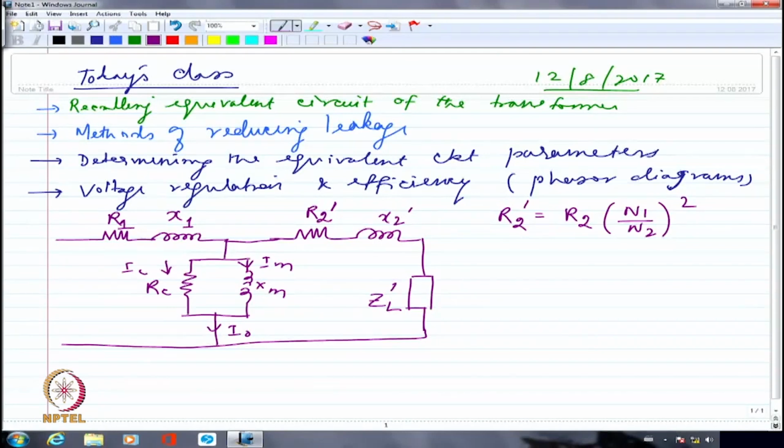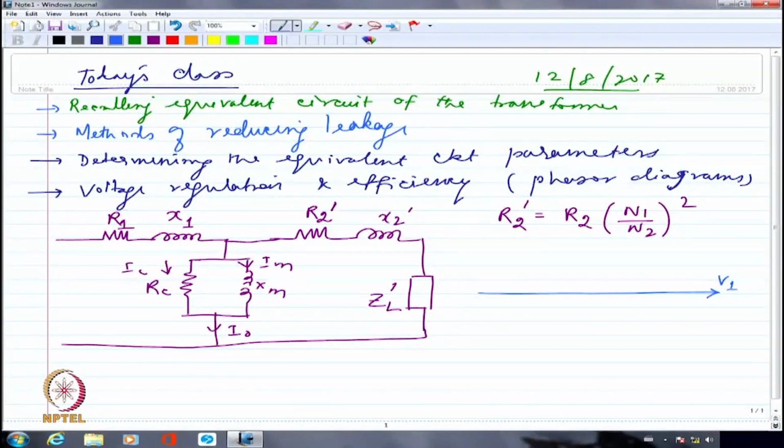Right? Let me try to give you a little feel for the phasor diagram as well here, because we will definitely be drawing the phasor diagram in greater detail, but let me try to give a feel for the phasor diagram. So let's say this is my voltage which I am applying for the transformer. So that is the voltage that I am applying on the primary side of the transformer.